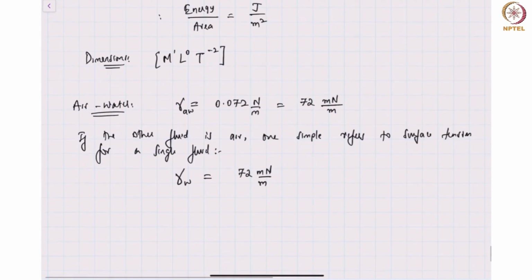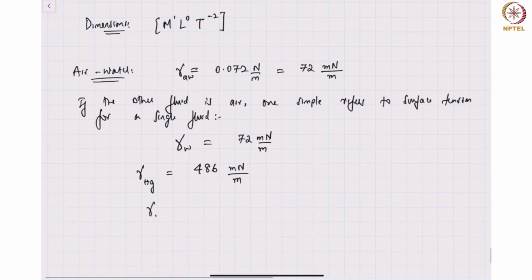Similarly, you can say the surface tension of mercury is much larger. It's around 480, I think 486 millinewton per meter. Mercury has a much higher surface tension. You have various silicone oils whose surface tensions are around 20 to 30 millinewton per meter.